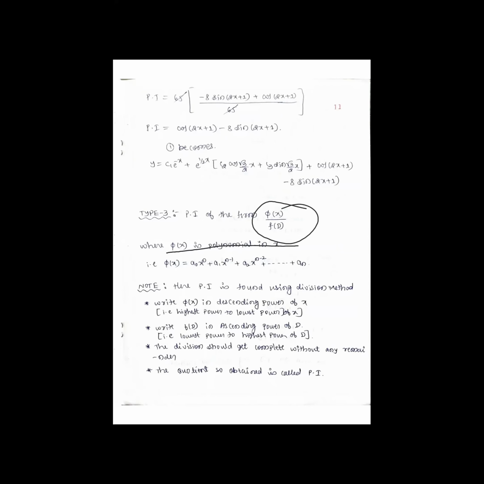Polynomial means like this: a0 x raised to n, a1 x raised to n minus 1, a2 x raised to n minus 2, and so on up to an. This is what the polynomial is. Polynomial may be anything.